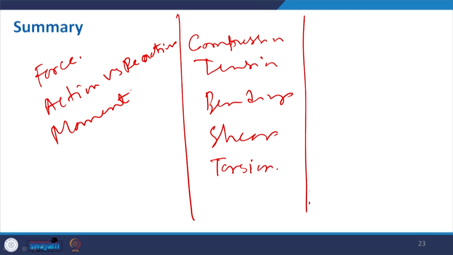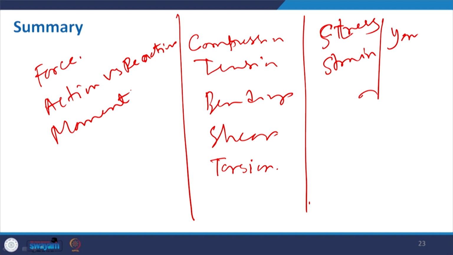We also studied stress and strain, and their relationship through the Young modulus, and then the Poisson's ratio for the lateral strain and the axial strain.